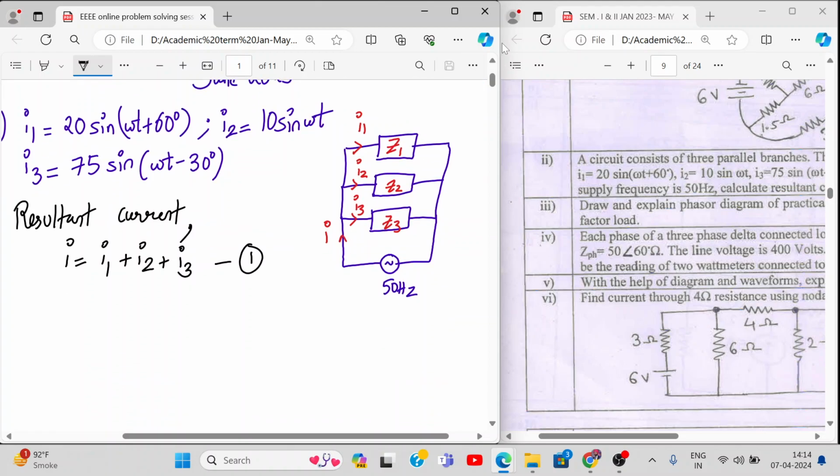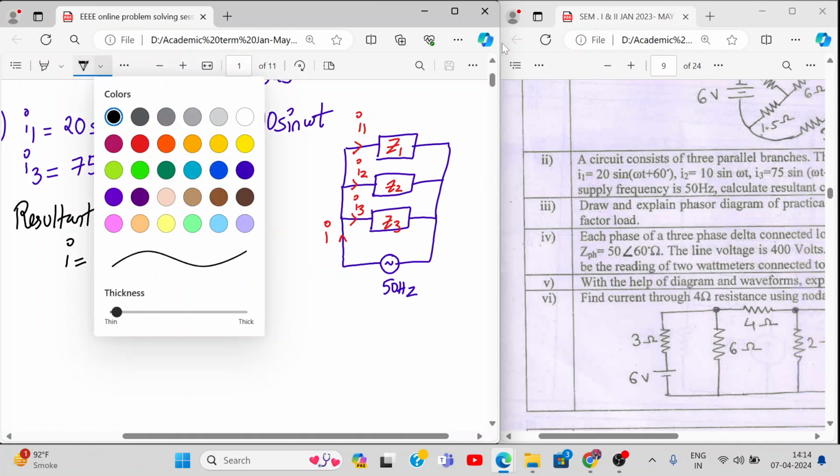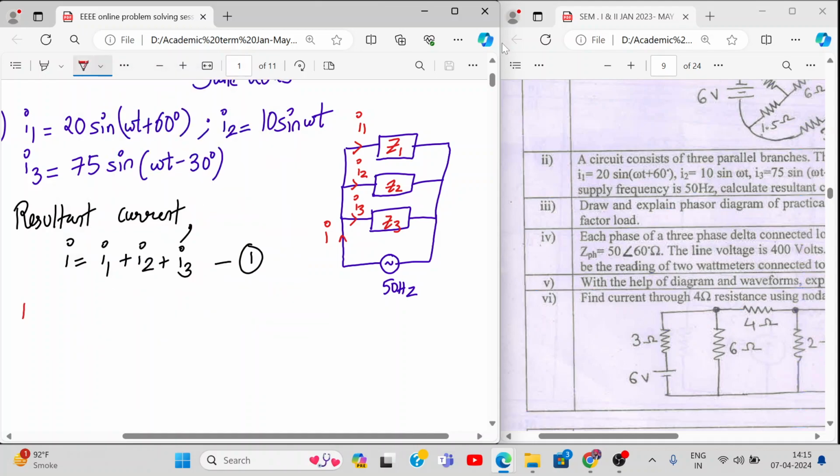Now, I1, I2 and I3 are in standard form. What is the standard form? The current is Im sine of omega t plus or minus phi, where Im is the amplitude of the current and phi is the phase angle, so either plus or minus.